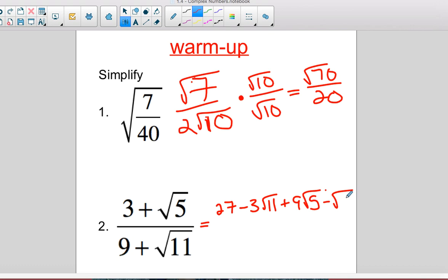And then that's all going to be over 79 minus 81 minus 1, it looks like. That's it. Can't simplify it. Don't do anything else with it. This is kind of an ugly final answer, but that's all you got.